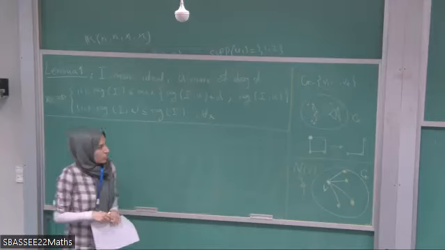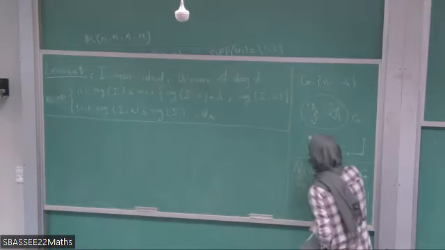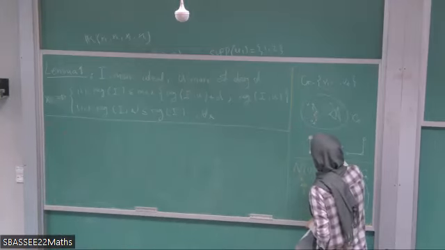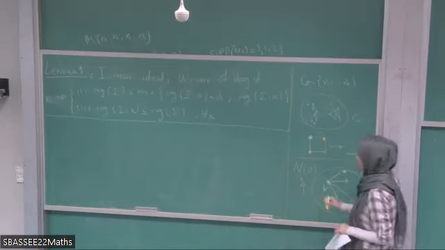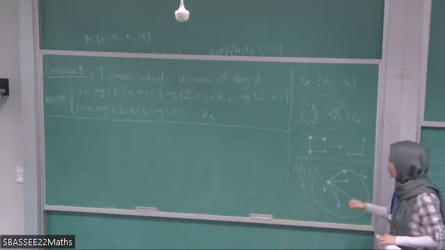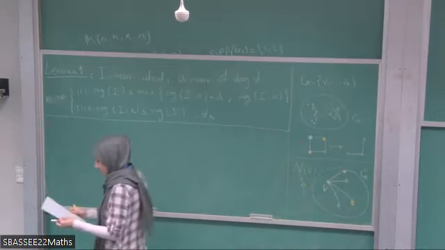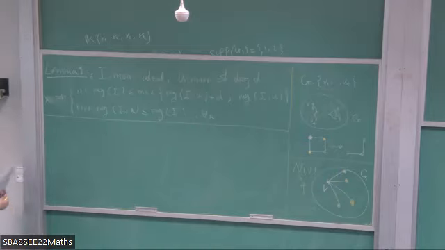For example, these two yellow vertices are the neighbors of this white one. So we have these two notations just to be sure that everybody knows what I mean when I write them.